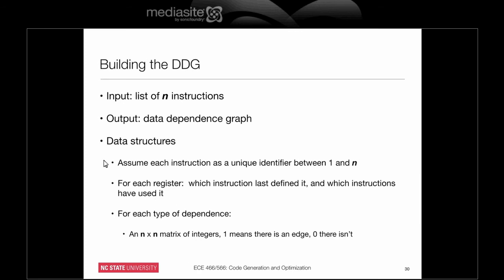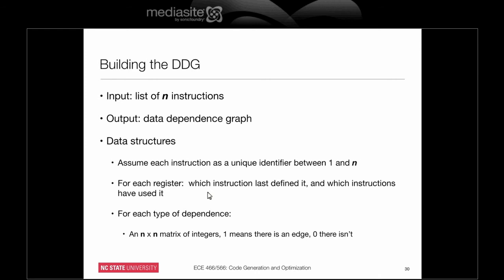And so what we're going to assume for our implementation is that each instruction has a unique identifier between 1 and n, because this makes it easy to index. Though in my slides I'm going to show them labeled from A to I, like in my previous slide, but you can imagine A to I is the same as 1 to some number. Then for each register, we're going to track which instruction last defined it and which instructions have used it.